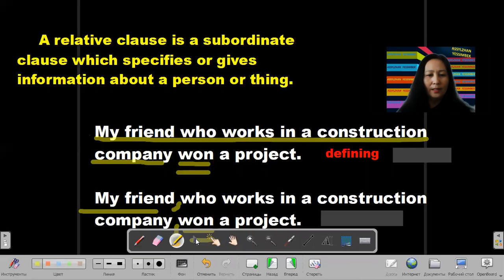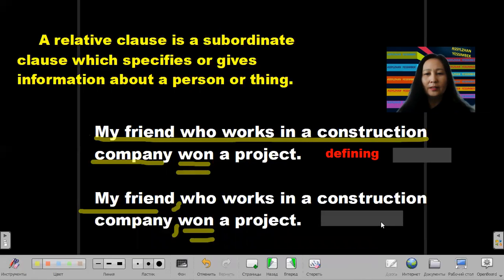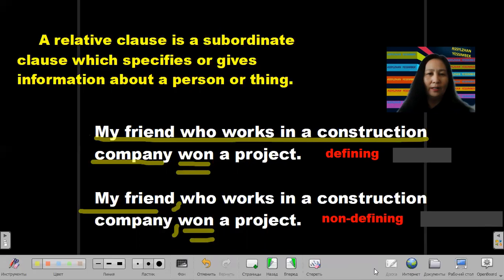In the second case, this is a non-defining clause. So as you see, relative clauses might be defining or non-defining. Sometimes they are called identifying or non-identifying, restrictive or non-restrictive. They are the same, just other ways of calling them.